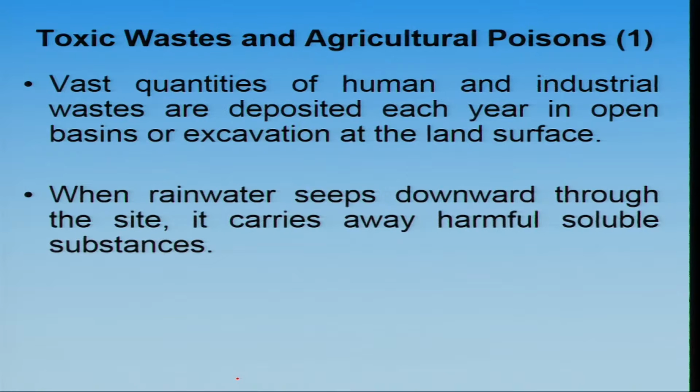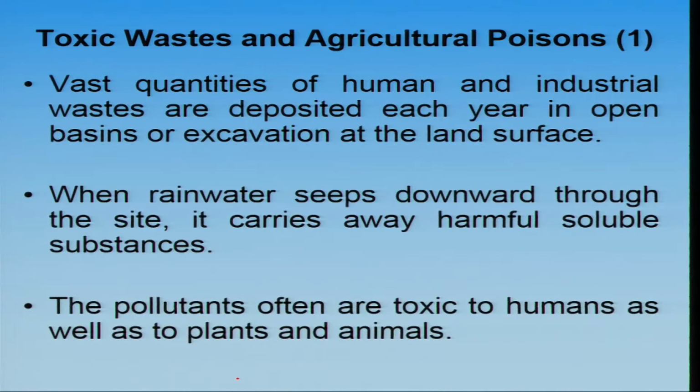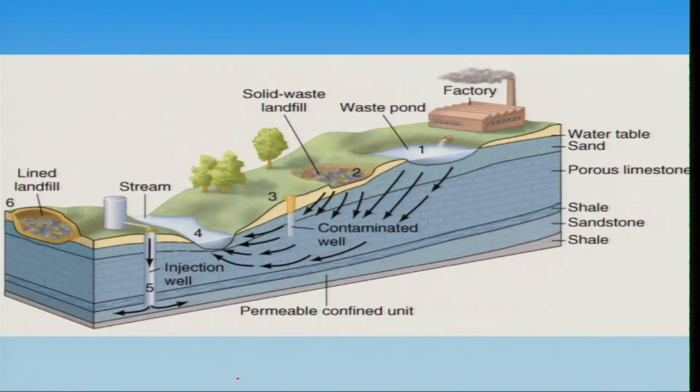When rainwater seeps down through the site, it carries away harmful soluble substances, and that will result in the contamination of groundwater. This is an example of an open dumping place. Of course, we say that it is away from our houses and away from the factory, but it will keep on contaminating your water.